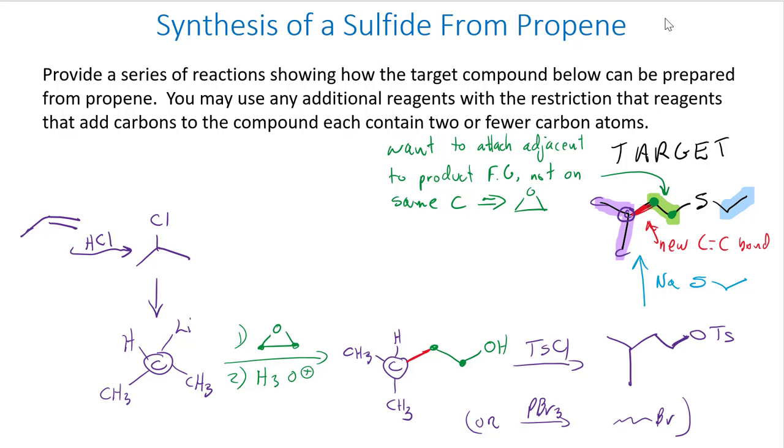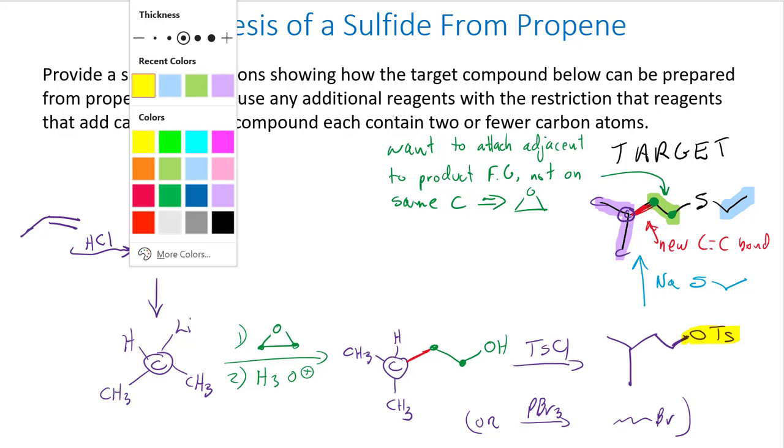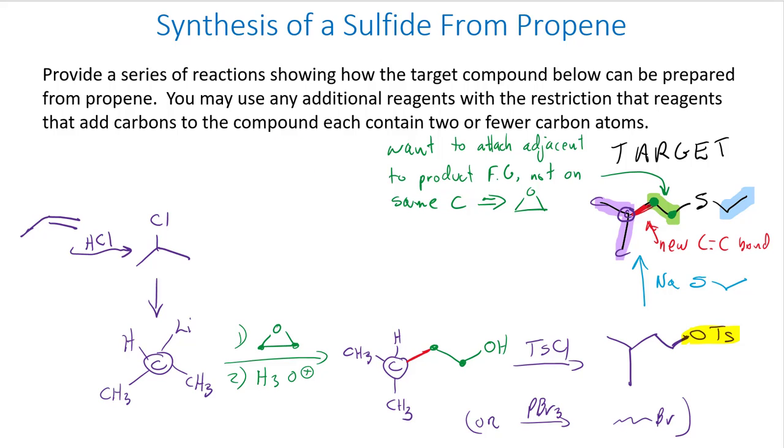We can think about those in either order, but sometimes it's easier to do the last step first. And to get the sulfur and a CH2 group on, we're just doing a substitution with the corresponding anion with a good leaving group, which could have been a tosylate or a bromide, whichever we felt like using at the time.